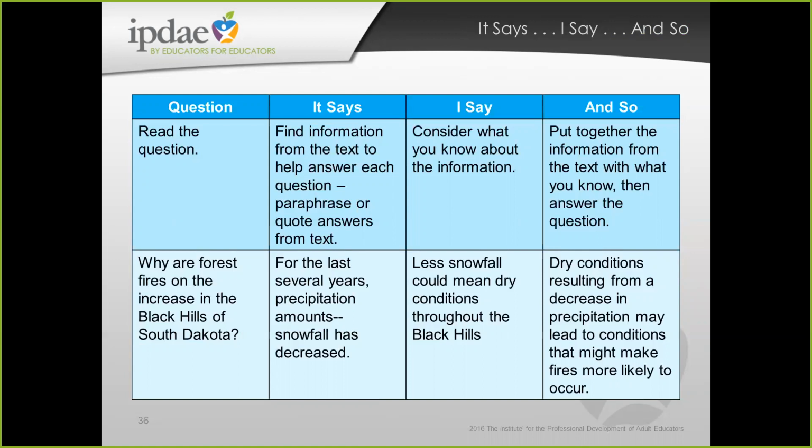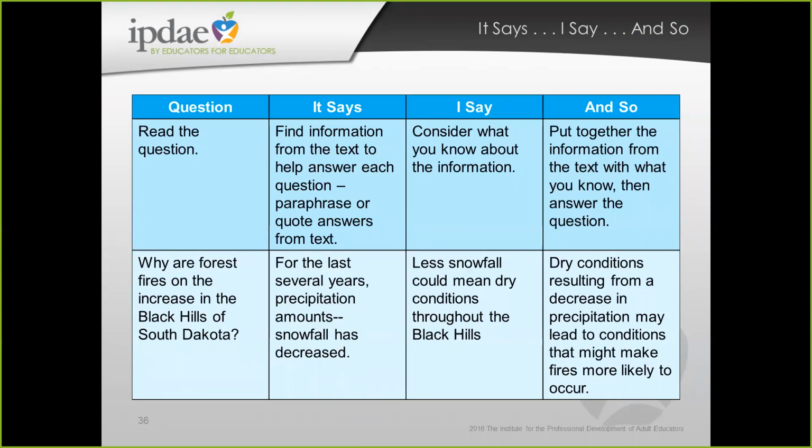Okay, now, as a person in everyday life, I know that if I have less precipitation, then that means things are going to be a lot drier. And since I'm sitting here in North Carolina, we are actually in the middle of a drought up in western North Carolina right now. So this is a very serious issue with a number of different forest fires in this general area. So I know that less snowfall means drier conditions.